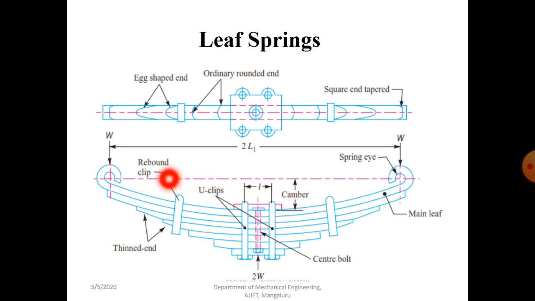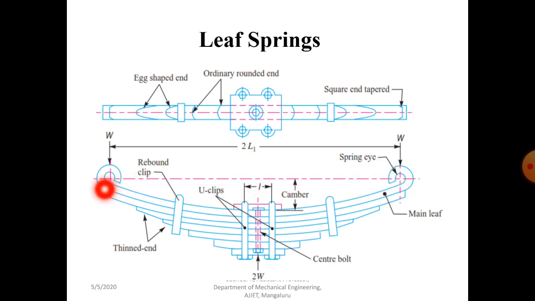The longest leaf at the top we call the master leaf. It's a very important thing. The topmost leaf we call the master leaf. It is bent at both ends to form spring eyes. This is usually bent in order to form the spring eye. This is called the spring eye.